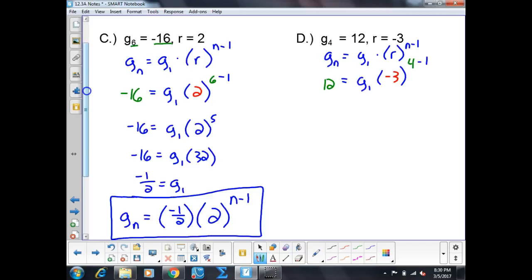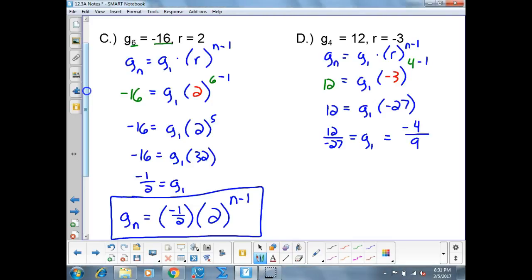Negative 3 to the 3rd power is negative 27. 12 divided by negative 27, because you divide both sides by that, both can be divided by 4, so we get negative 4/9 in reduced form.